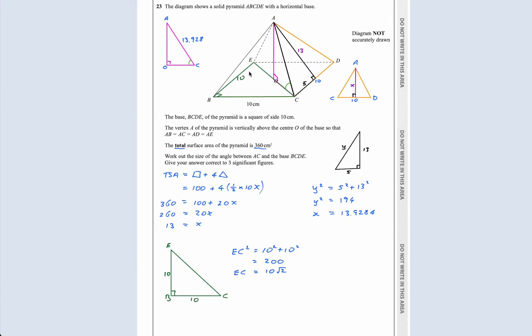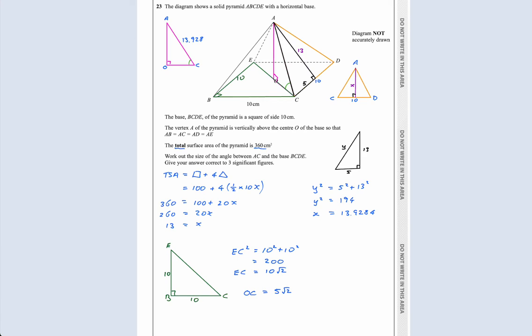Now, that's EC. So this length from here to here is 10 root 2, but I only want EO or OC, sorry, which is the same. OC is then half of this. OC is equal to 5 root 2, because it's half.